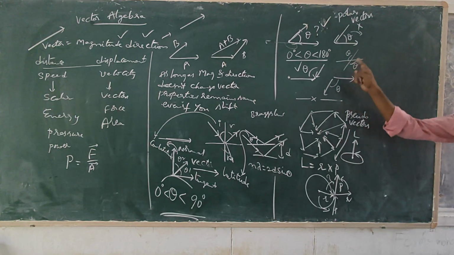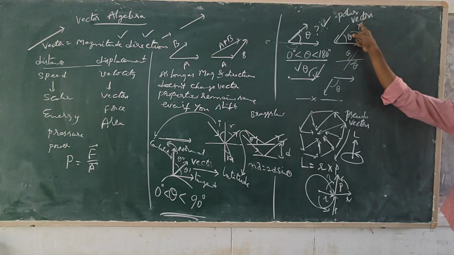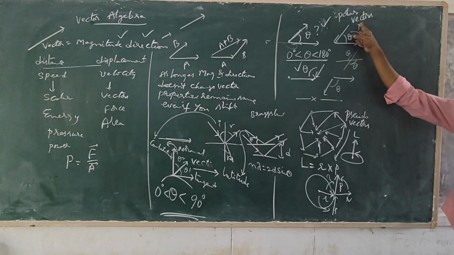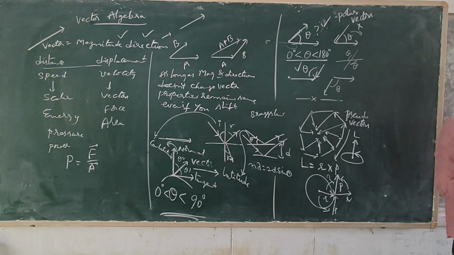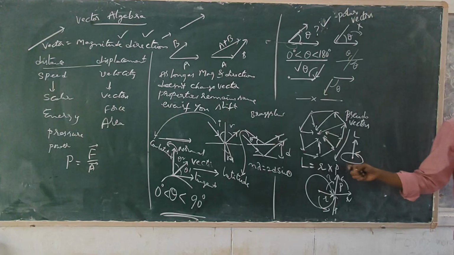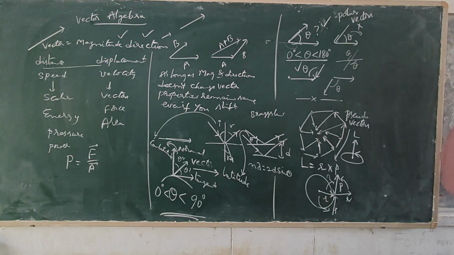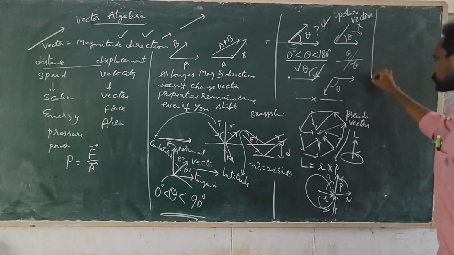So that's why they are called polar vectors, where the direction of the vector represents the direction of the activity. Pseudo vectors, the direction of activity is perpendicular to the plane containing the vector. Okay, so what did we call such vectors? We called them pseudo vectors.